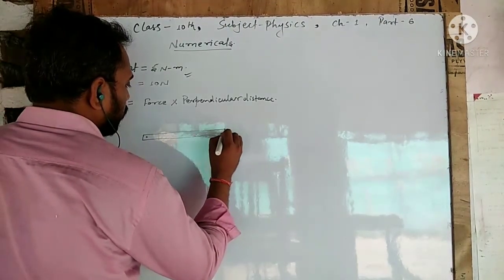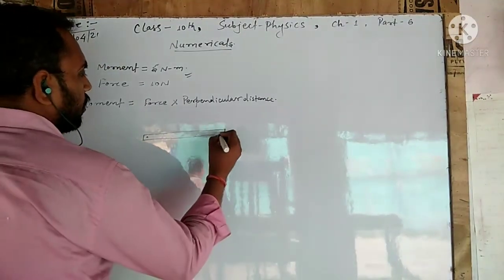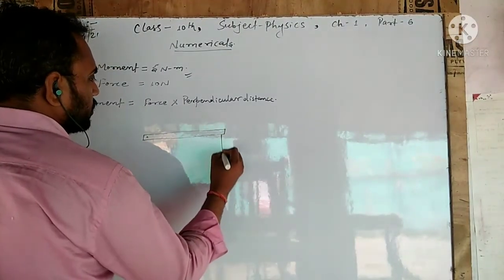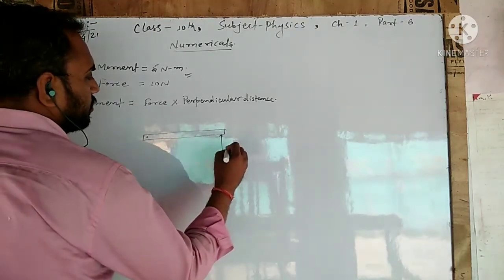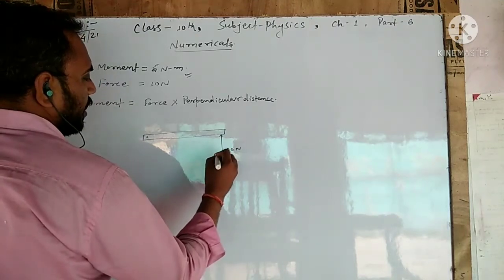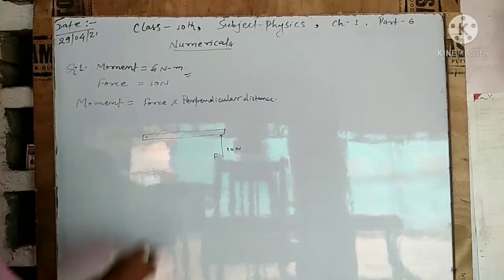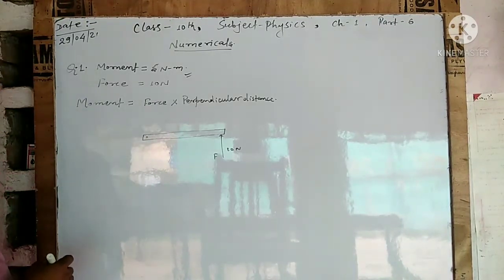Let's say there is a rod on which a force of 10 Newton is applied to rotate it, and this rod is hinged, meaning pivoted, at a certain point.